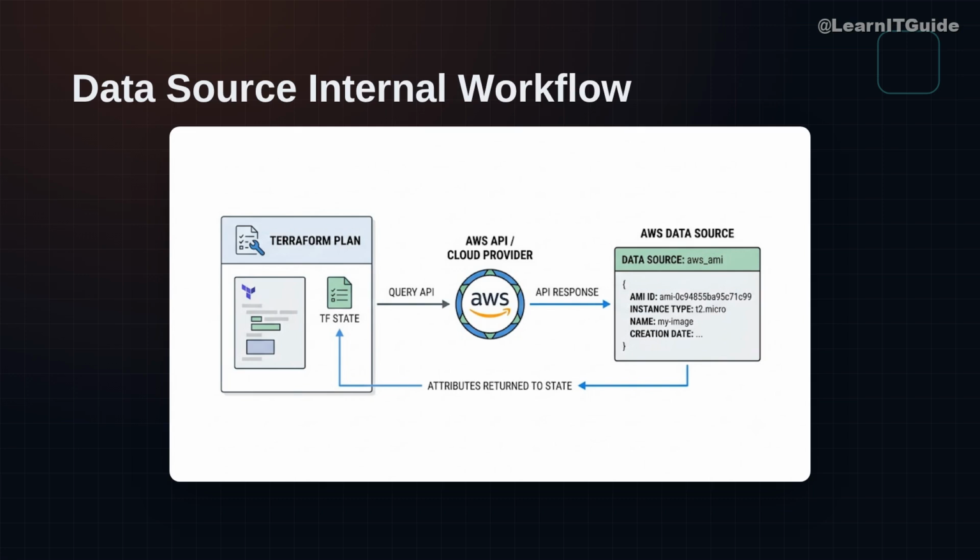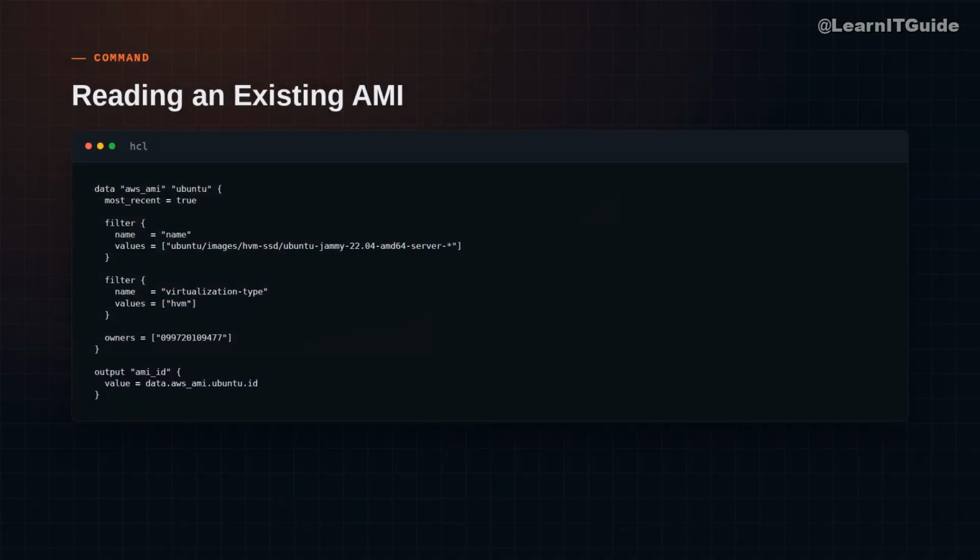The API responds with the real-time ID, CIDR block, and status. Terraform then injects this information into your execution plan. This happens every single time you plan, ensuring you are always working with the latest, most accurate data from your cloud environment.